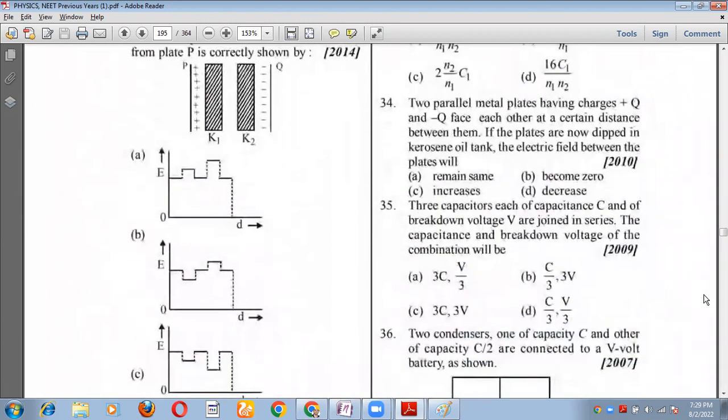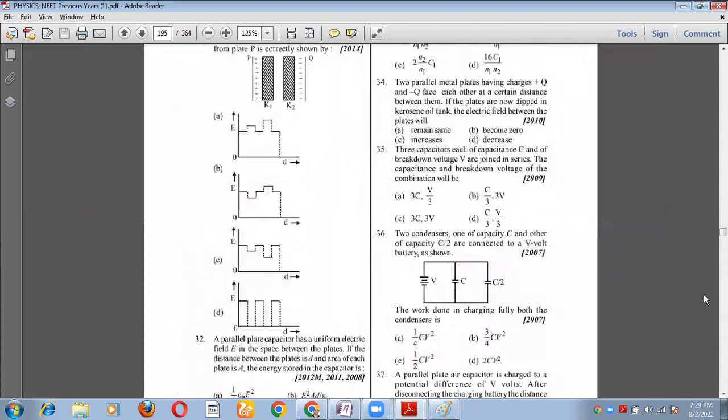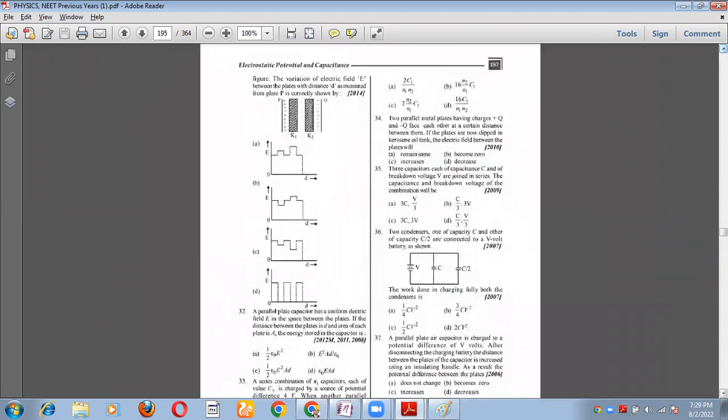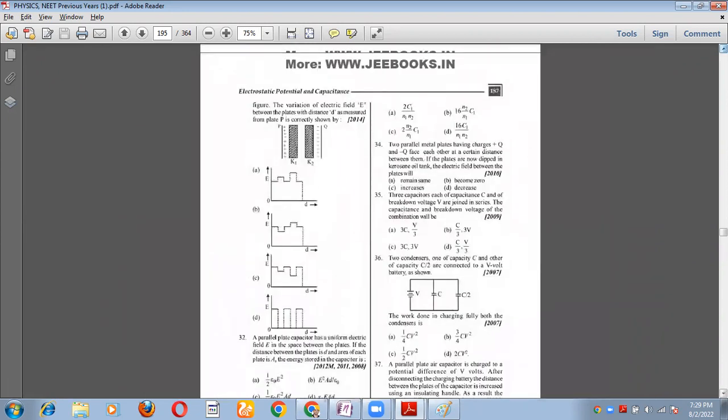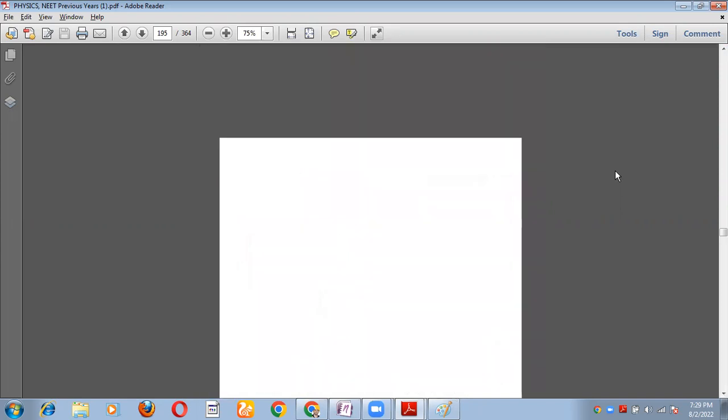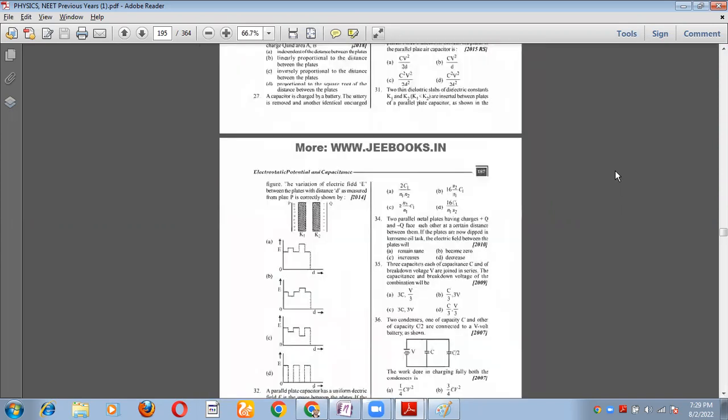You can see this question. Basically, this is an easy question. You can see the question number on page two. Question number 31. Let's see question number 31.